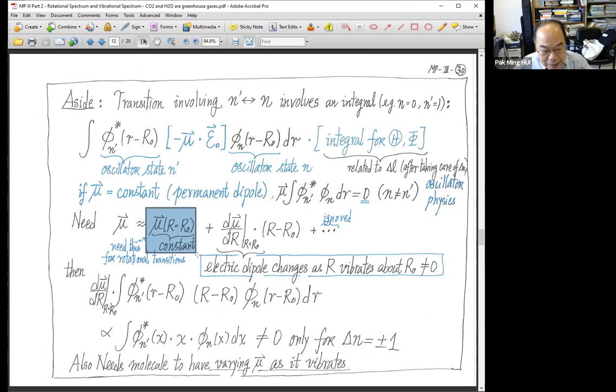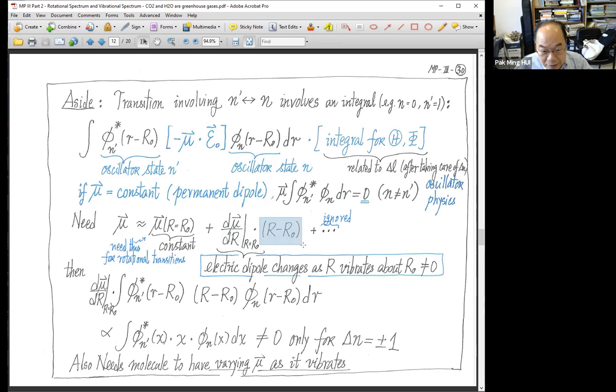That exists, okay, but we also want the first derivative to be non-zero, and then times R minus R0, okay? Now, this is the thing that I mentioned. It should have a derivative d mu dR. That is to say, as R changes, mu changes with it, okay, about that particular point.